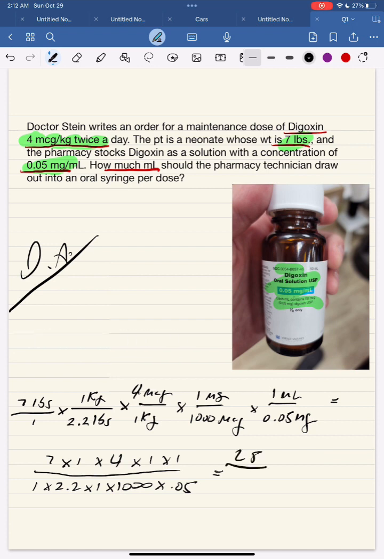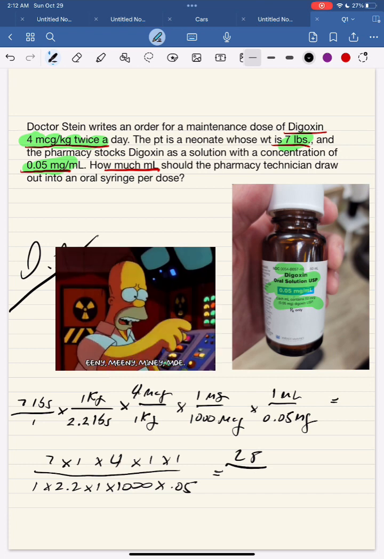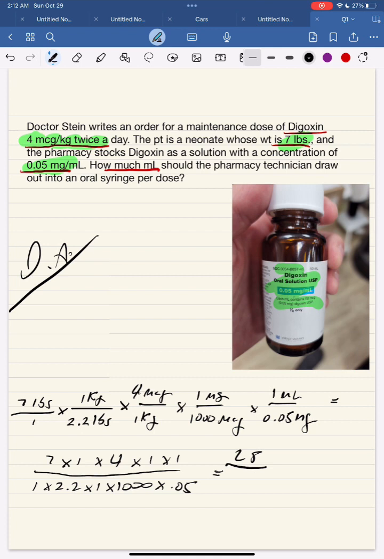And you get 28 over 110. 28 divided by 110 is equal to 0.25 milliliters.